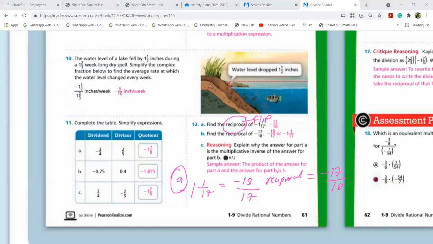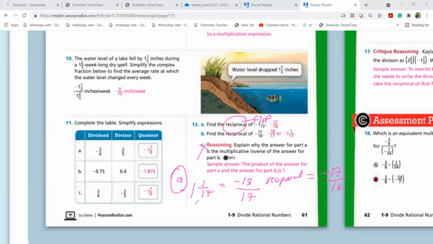C, cross mark. Miss, so this answer is for B, right?